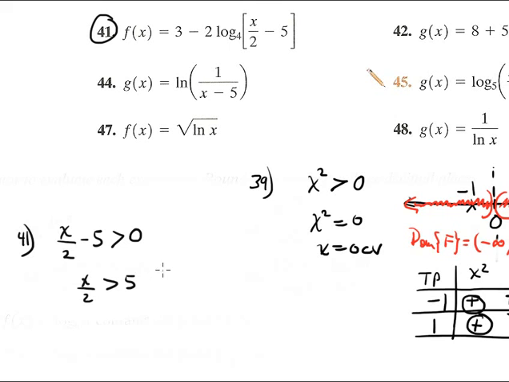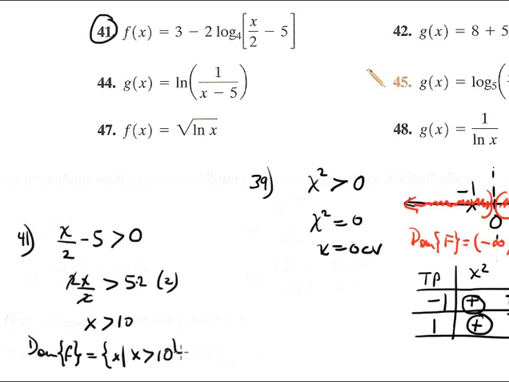Multiply the whole thing by 2. The 2 and 2 cancel out on this part, so x is greater than 10. And the domain of the function f is x such that x is greater than 10. Well, it's equivalent to say (10, infinity).